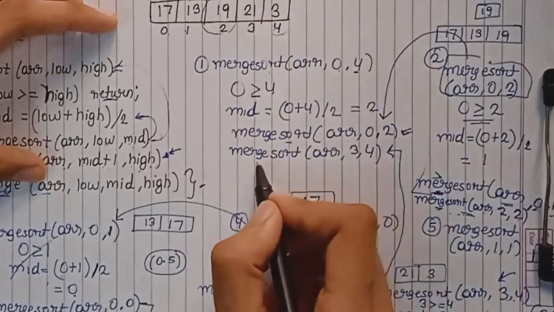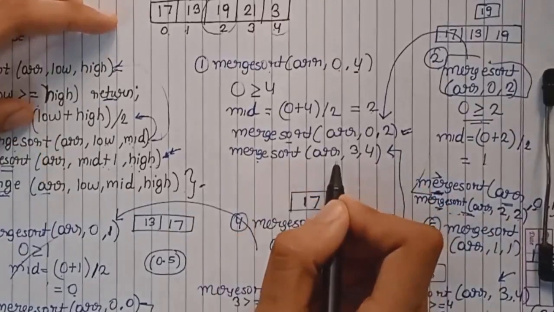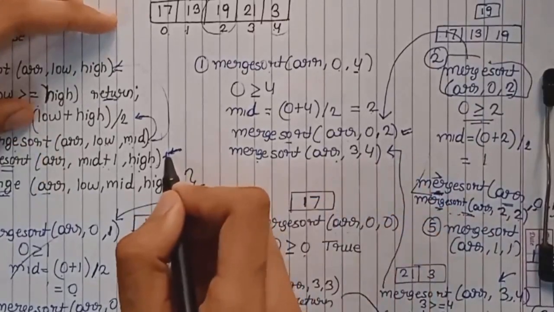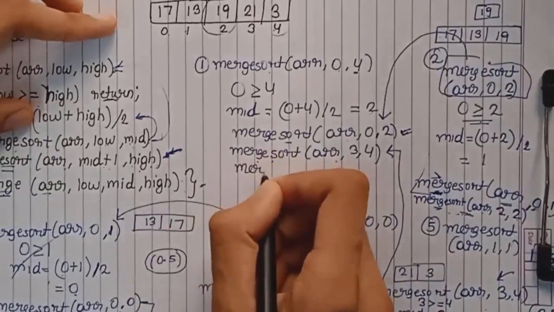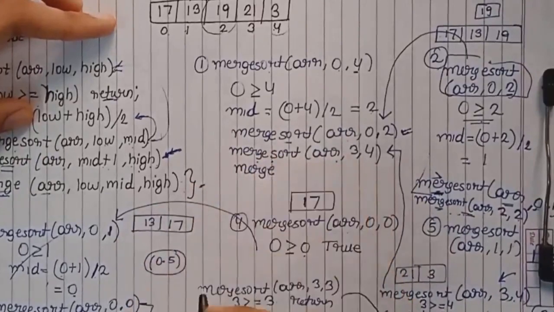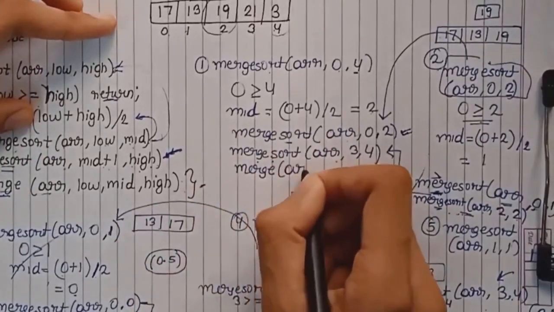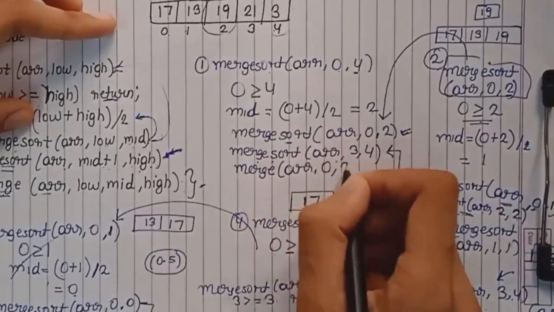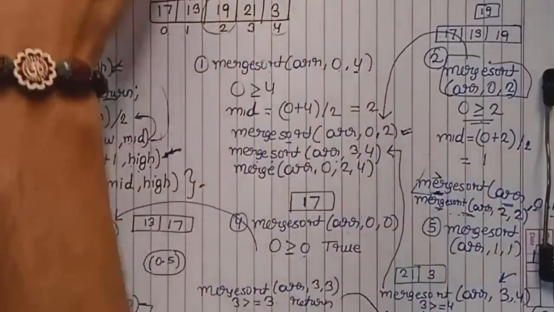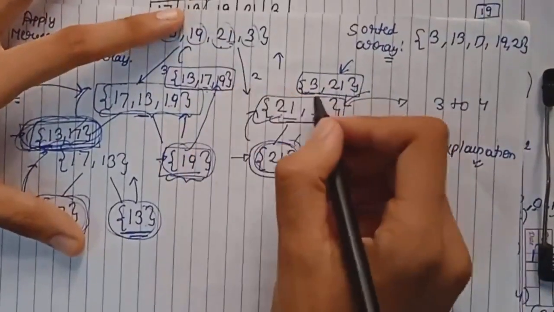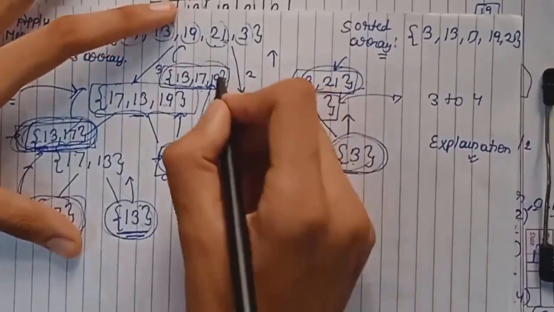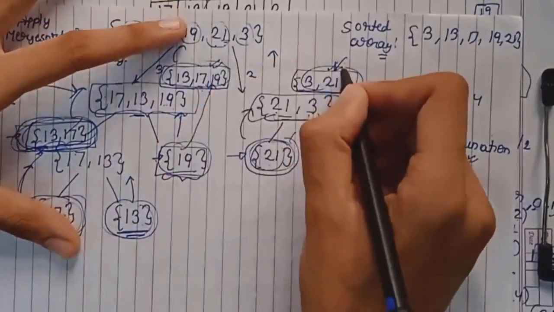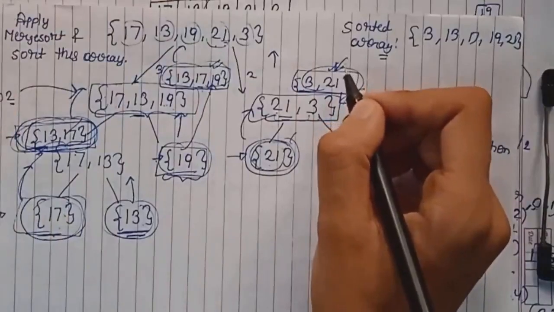And now what is the next step after this? You can note that earlier we were at this place, so the next step after this is merging. The next step is the call for the merge function. After the call for this merge function, as we all know that we have got this and we have got this, this merge function will merge these two sorted arrays to form a single sorted array.